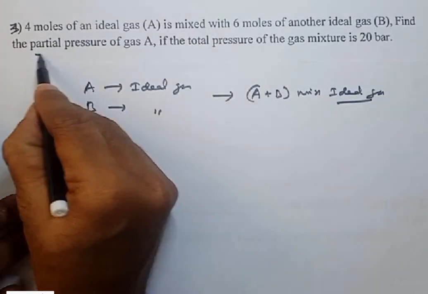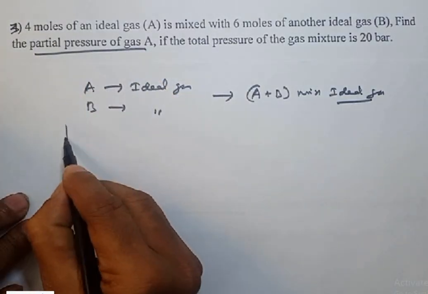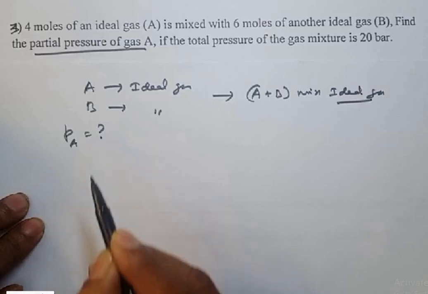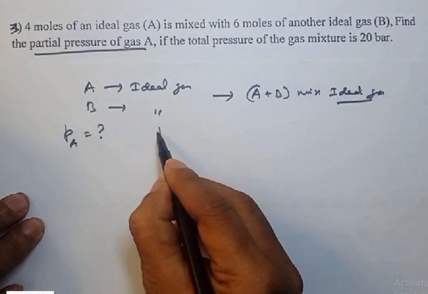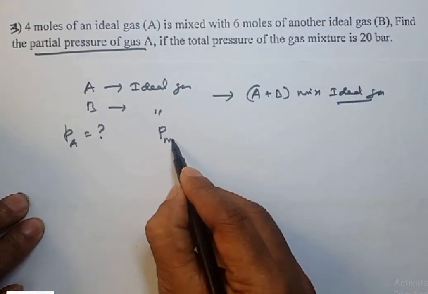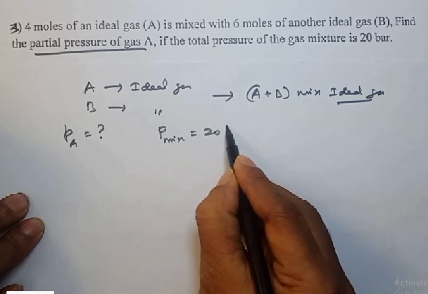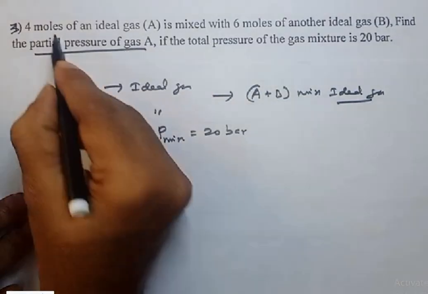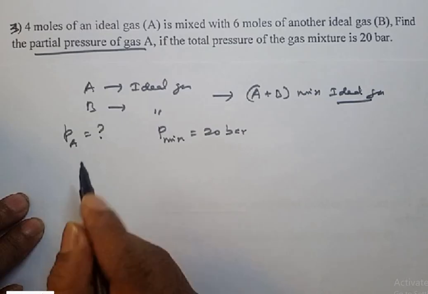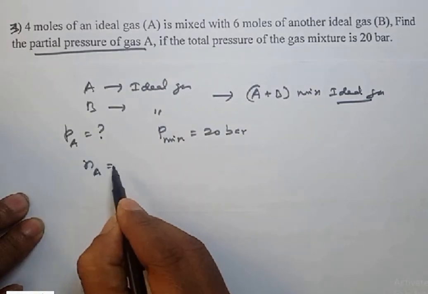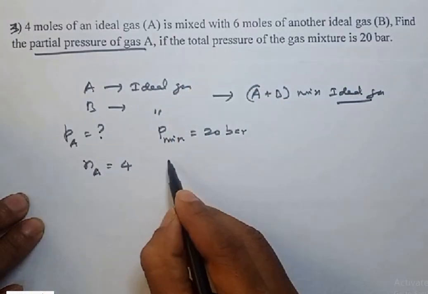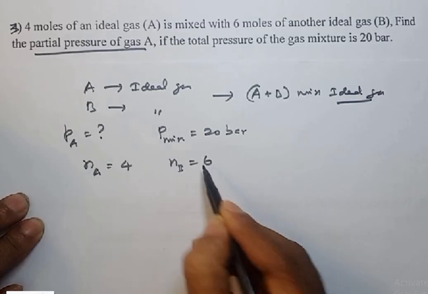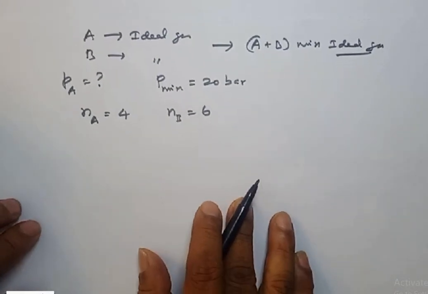Now we need to find out partial pressure of gas A. And total pressure of the mixture is given. Total pressure of the mixture is 20 bar. And how many moles of A is taken? Number of moles of A is 4 moles and number of moles of B is 6 moles. We need to find out partial pressure.